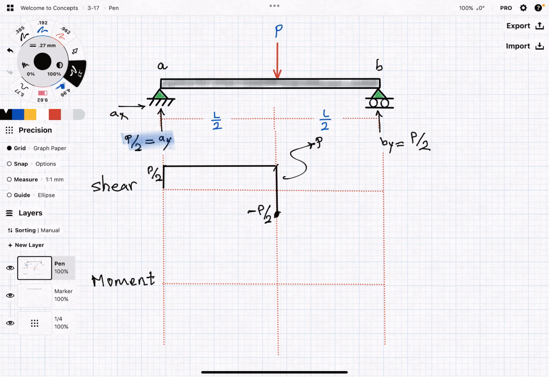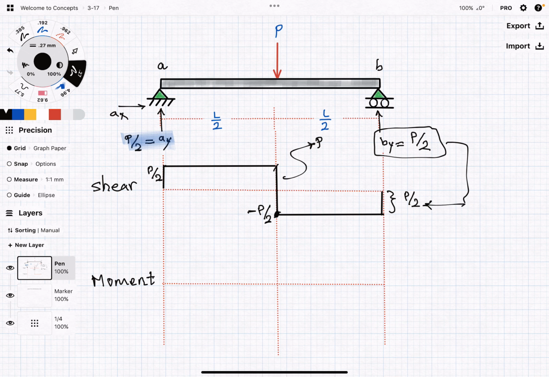It would be negative. And then again it remains constant until the support reaction increases it to 0, from a negative value to 0. So this distance would be P divided by 2. That is the same as our support reaction.